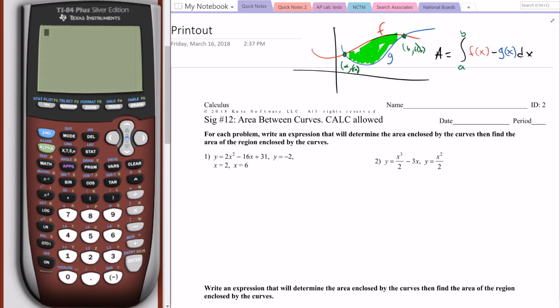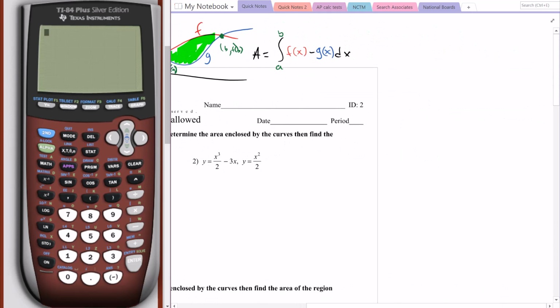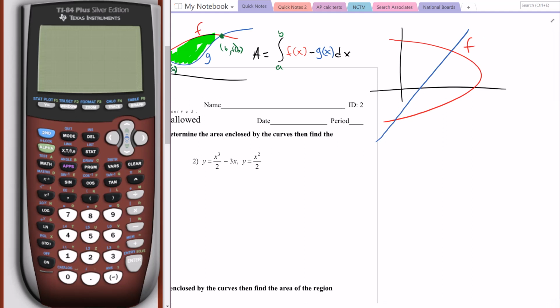Sometimes you might have a curve that looks like this. Maybe F looks like this, and G looks like this. Then you can't really do top minus bottom because, over here, notice that F is on top of itself, so we can't do that. So what we need to do is write all these equations in terms of y.